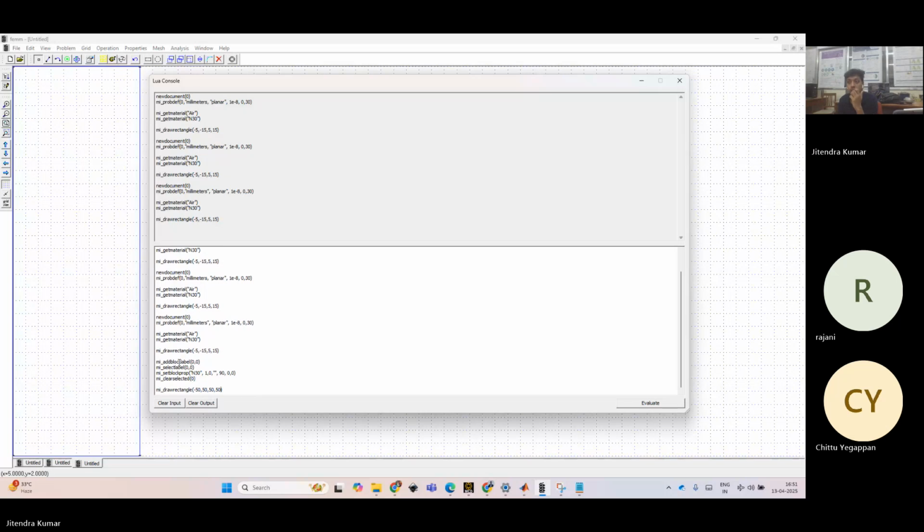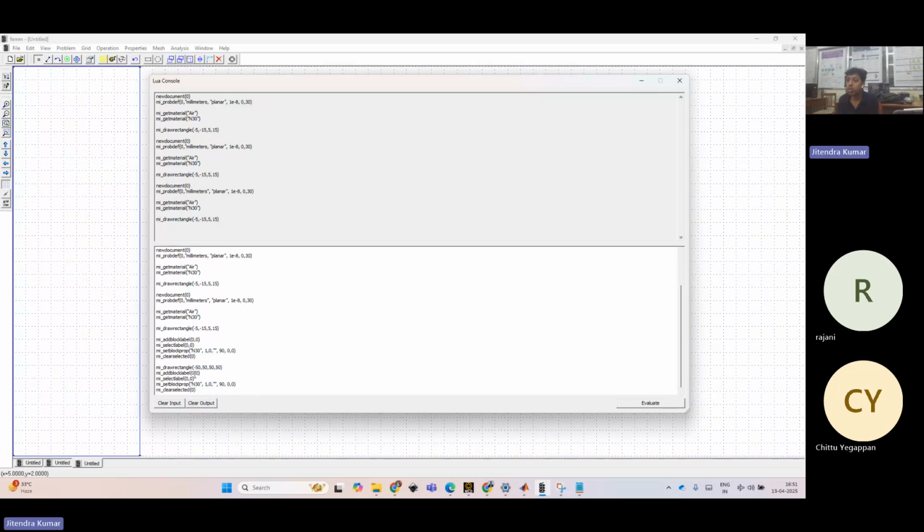So again, we have to add a block label. We will copy this, right? And paste it again here. And where should the node be now? The node should not be in the same region where the magnet is. Right. So the node should be outside the magnet region. So you could provide it anywhere.